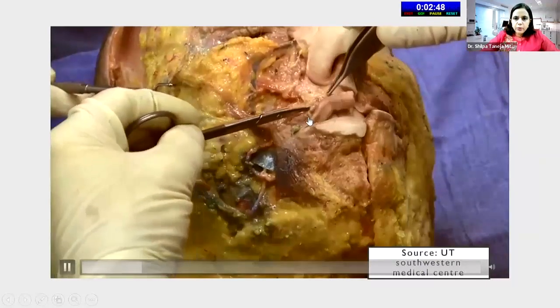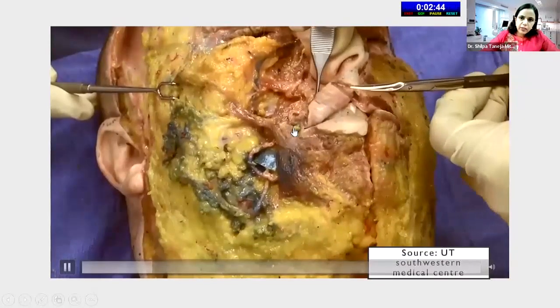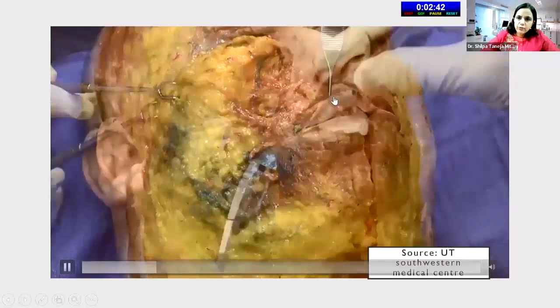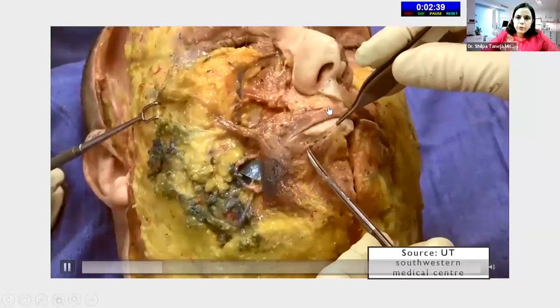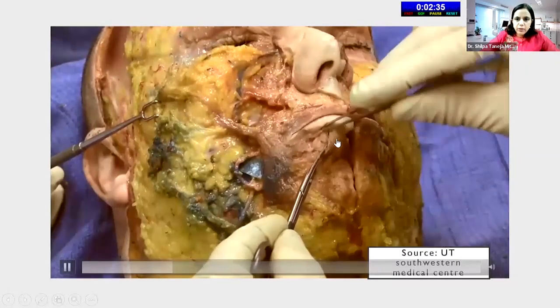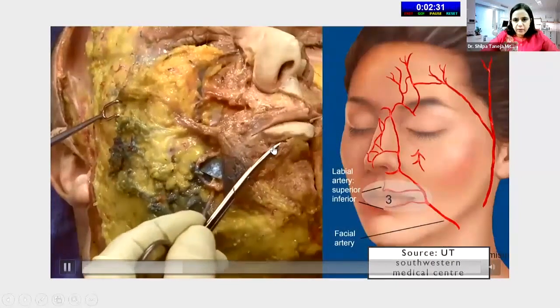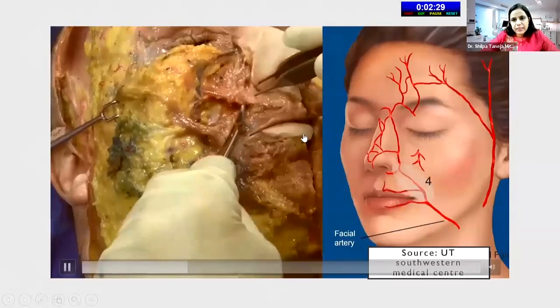Here in the superior lip, it gives a branch, the superior labial artery, which lies at the junction of wet and dry vermilion, deep to the orbicularis oris muscle, and the other branch, the inferior labial artery, which lies deep to the DLI. Here, we can see this artery here.